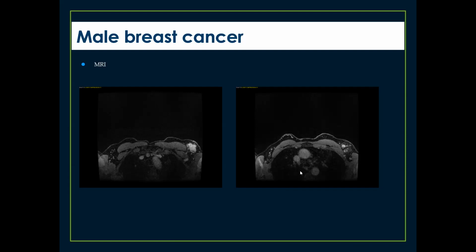These are the contrast enhanced images at different levels through the axilla. And on this slice, we see the enhancing suspicious appearing mass in the left axilla and some adjacent suspicious appearing lymph nodes, a little bit removed from the biopsy proven carcinoma.